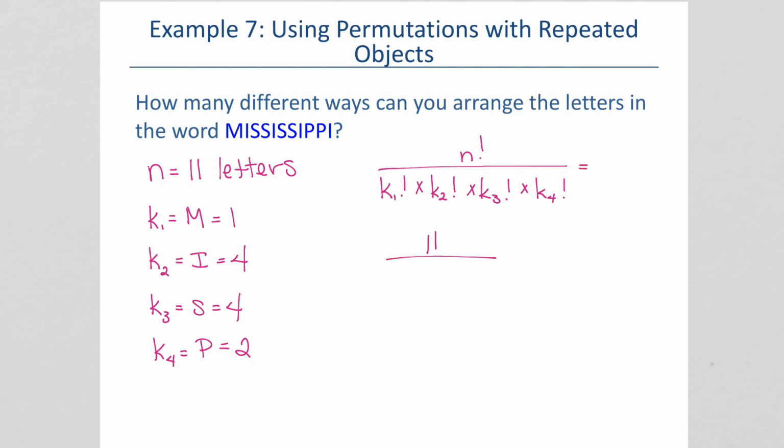So we'll have 11 factorial over 1 factorial times 4 factorial times 4 factorial times 2 factorial. I'll take this to the next page. So let's see. 1 factorial can just go away. We don't need that. It's just 1.